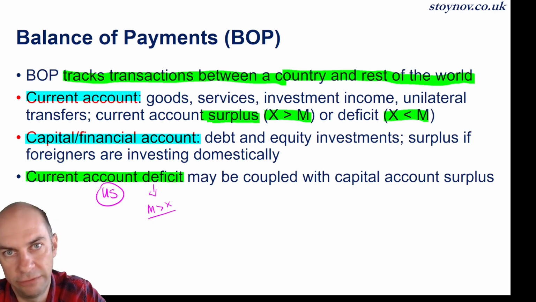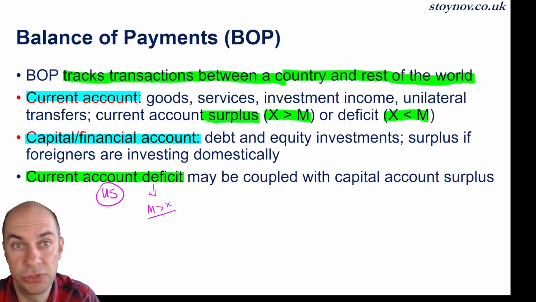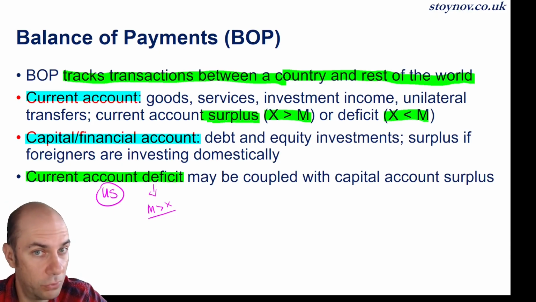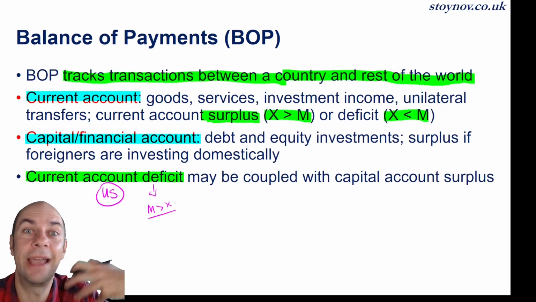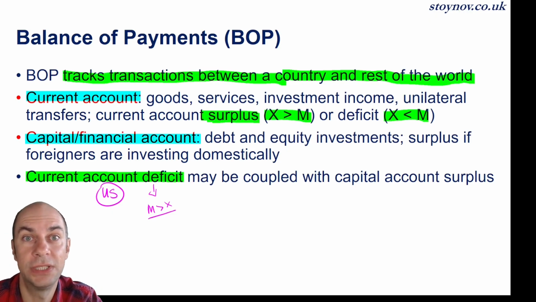And from the point of view of China, it would be the opposite. They might be running a current account surplus because they're exporting to the world more than they're importing, but then they end up with these dollars that they have to invest abroad, so they have a capital account deficit.